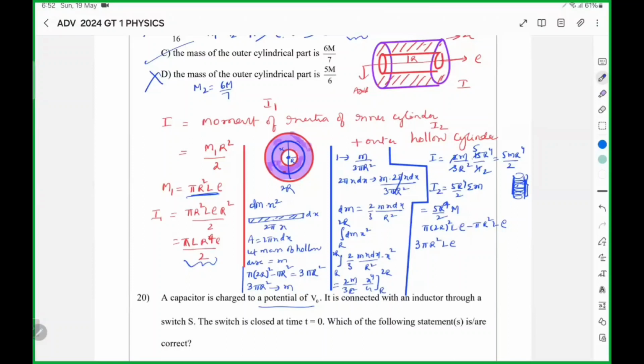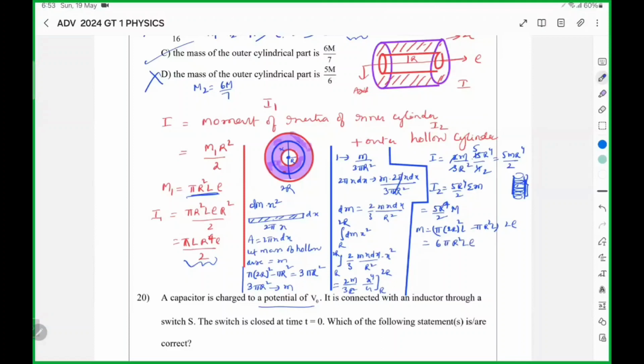Here density is also 2 times density. Pi r square into 2 rho minus here volume will be mass. How do we calculate? Pi 2r whole square into L minus pi r square L into 2 rho, that is 6 pi r square L rho.